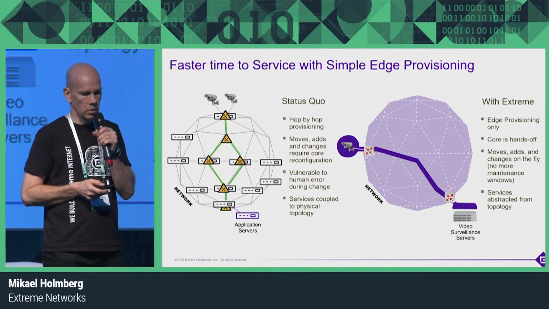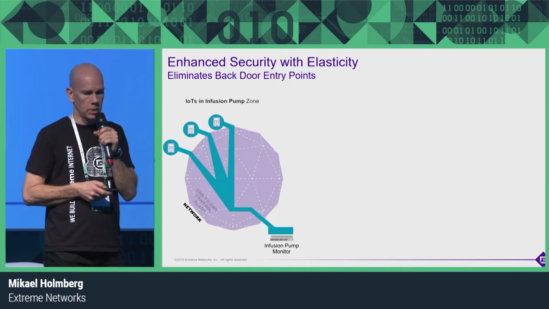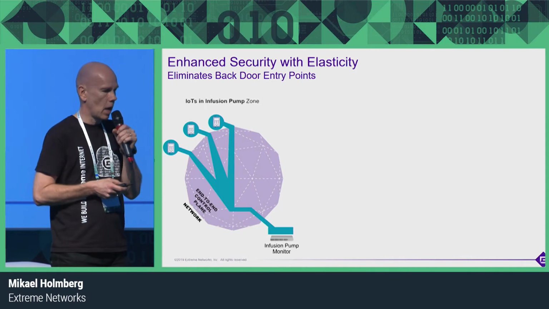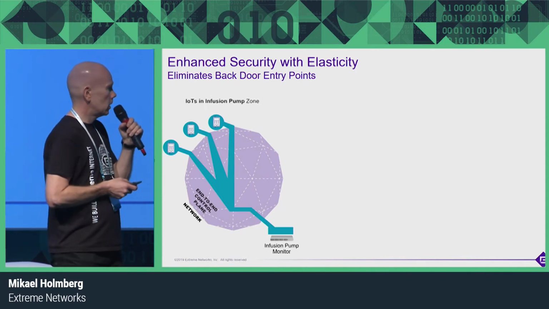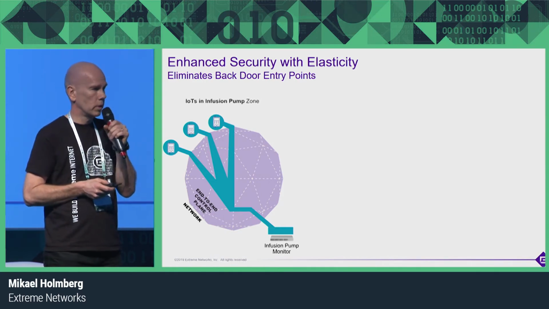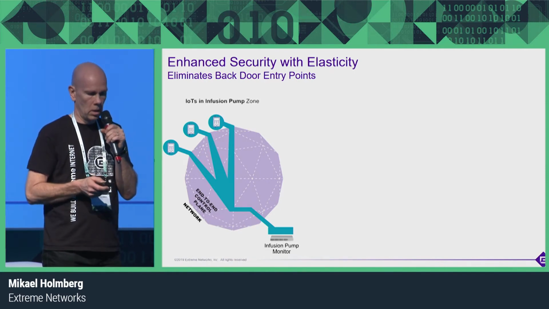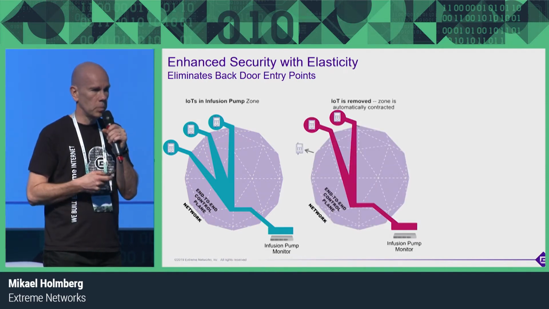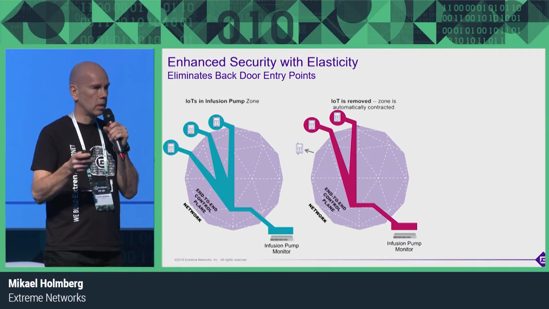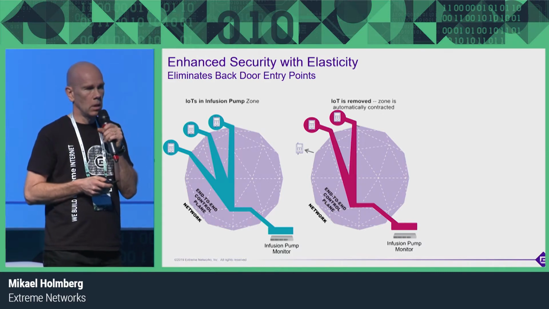Now, that raises the question, how about the security aspects of this one? So here's just an example of an IoT application. What you see here is that you have 3 IoT devices connected. Assume one of those devices disappears from this zone. That's going to automatically delete that given application or device from this zone.